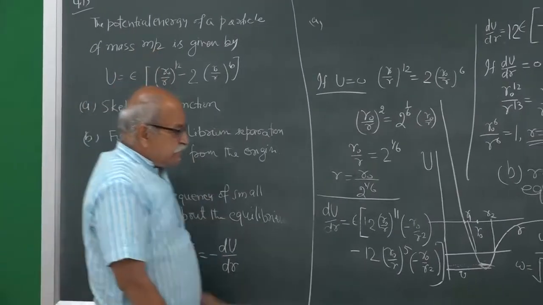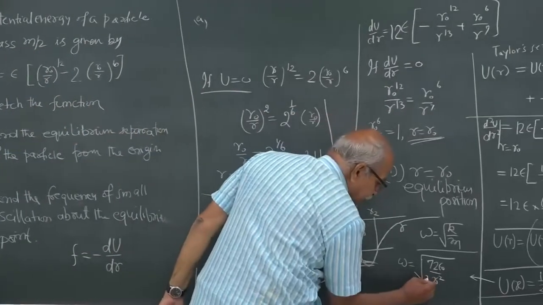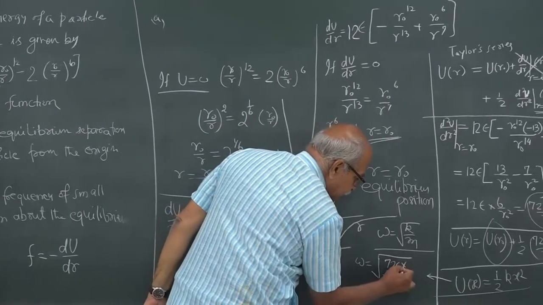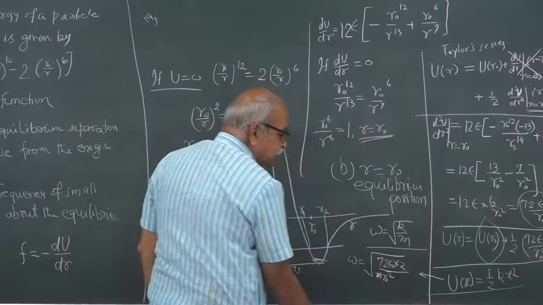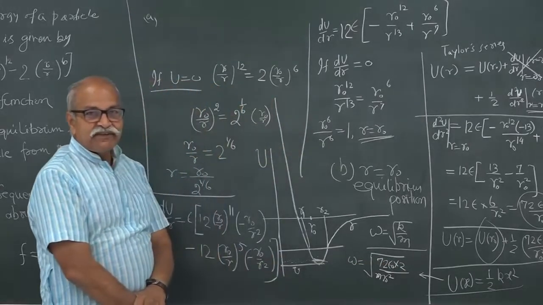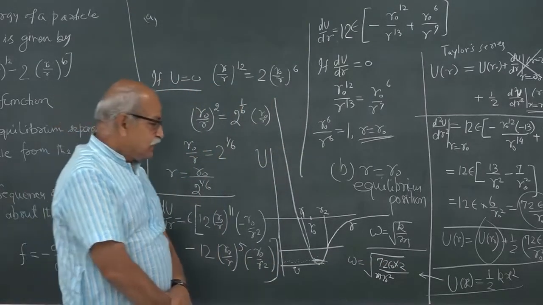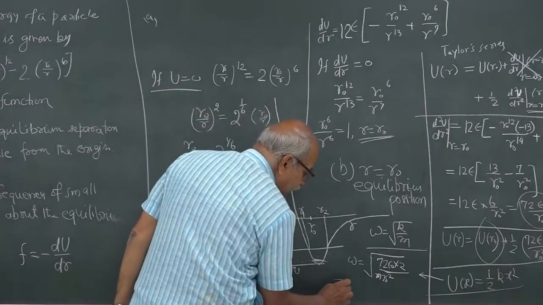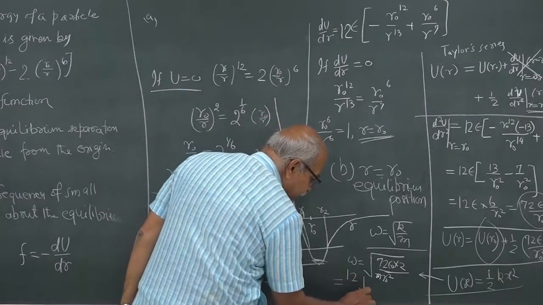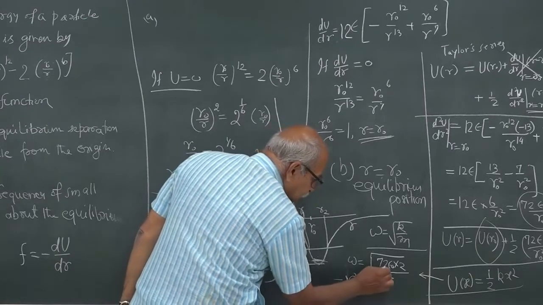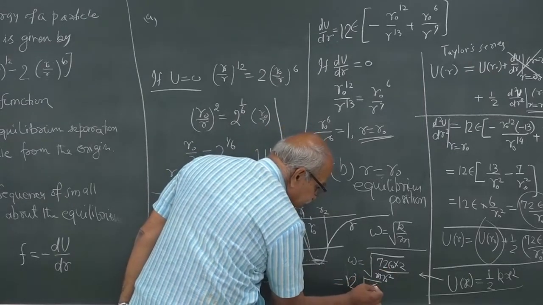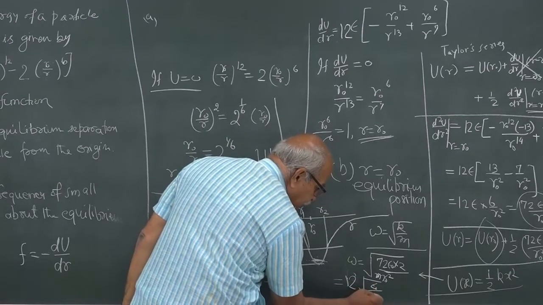So, we divide by m by 2. So, I put m here and into 2 here, and 72 into 2 is 144, a perfect square, square root is 12. So, this is 12 times epsilon naught divided by m r naught square.